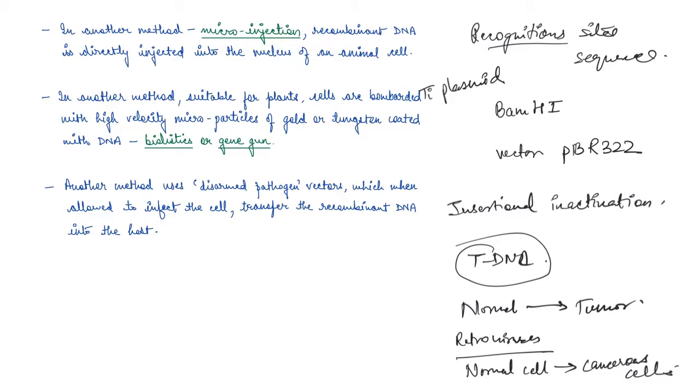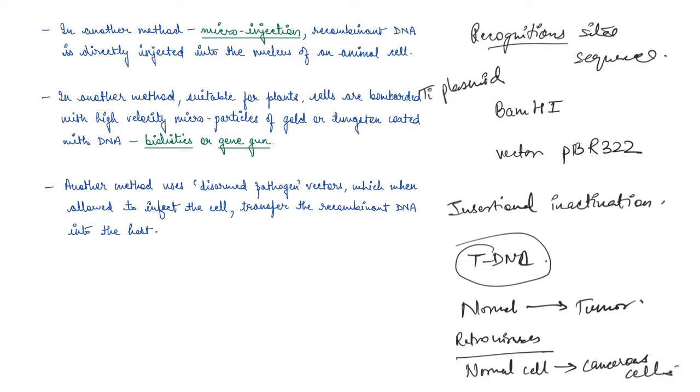And this bullet is made up of gold or tungsten, and you coat the entire bullet with DNA, with the alien DNA that you want to insert inside the cell. Now, what you do is you bombard the cells with these bullets, right? These are high velocity microparticles, right? And it enters into the cell, right? And then it will get inserted into the DNA, right?